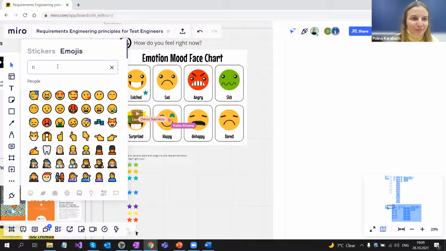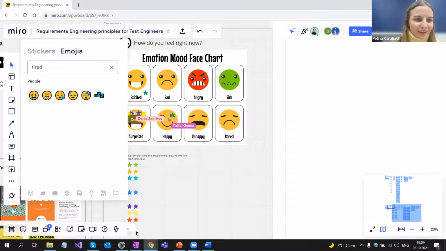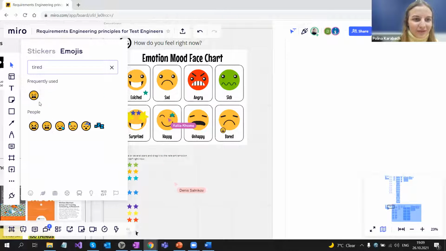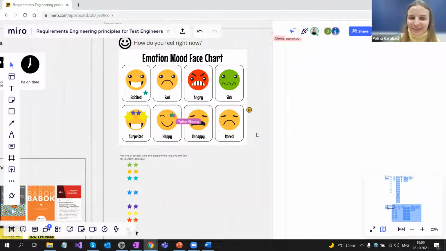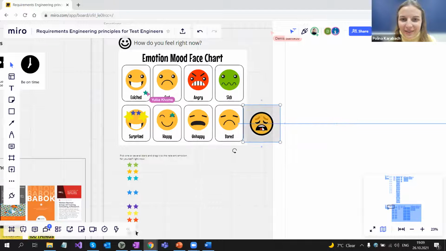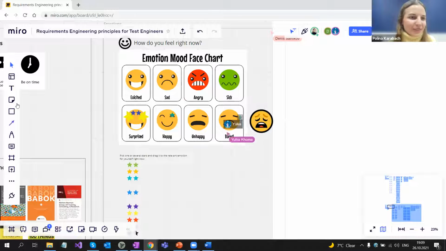Let's see. This one. Yeah. Let's add one. So by the way, you can see, yeah, Miro, we can do that as well.